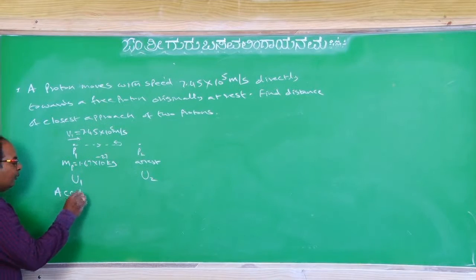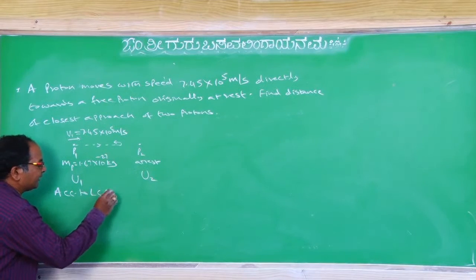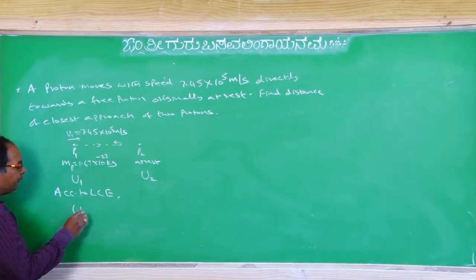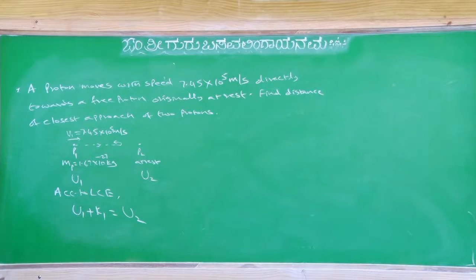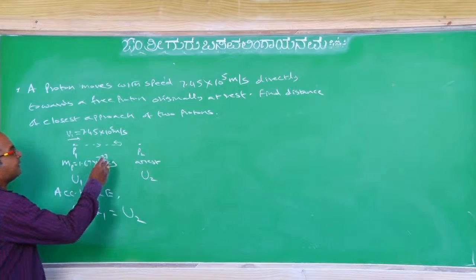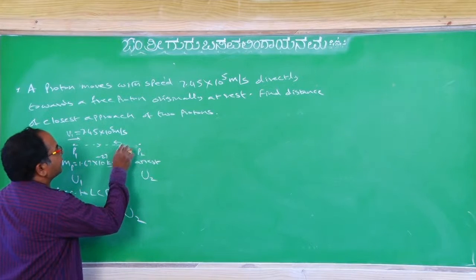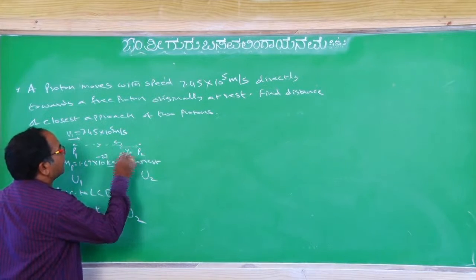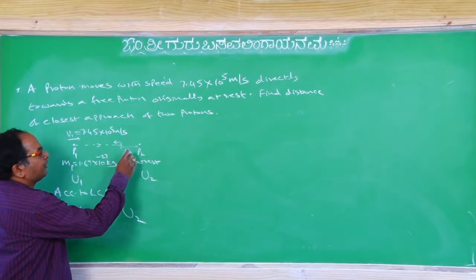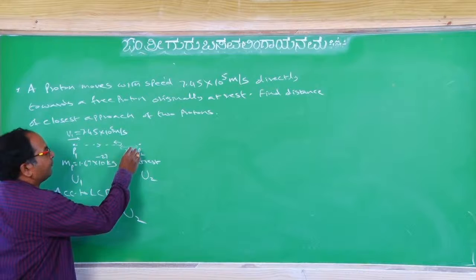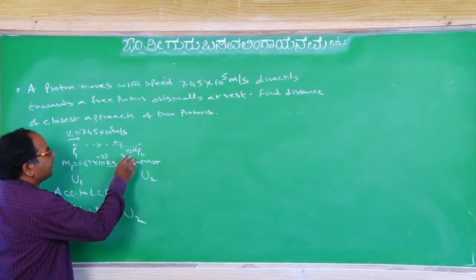So, according to the law of conservation of energy, we apply U1 plus K1 is equal to U2. Suppose this is considered as the closest approach R0. This closest approach R0 should be 1 Fermi. 1 Fermi means R0 is equal to what?